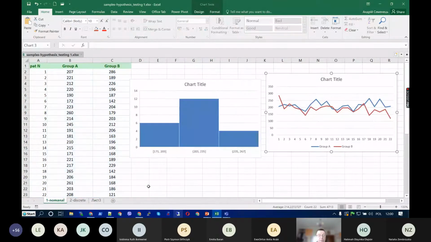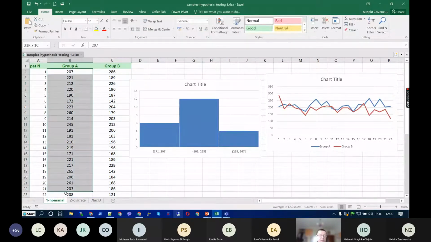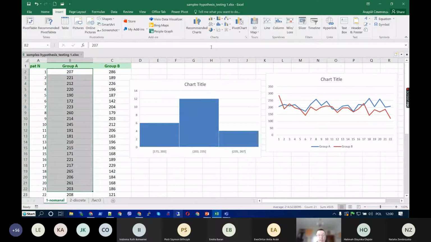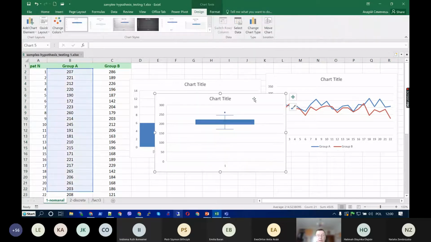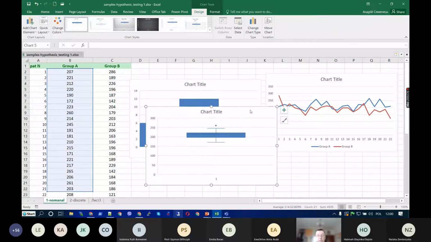And for a discrete dependent variable, technically every time we can calculate a box plot. Let me check.